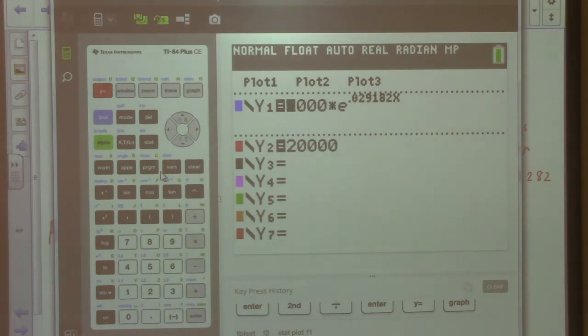It goes to X trace, and then put 20,000 down here. Then you should have this point. Okay, you need to put X. Okay, is everybody good with this now?